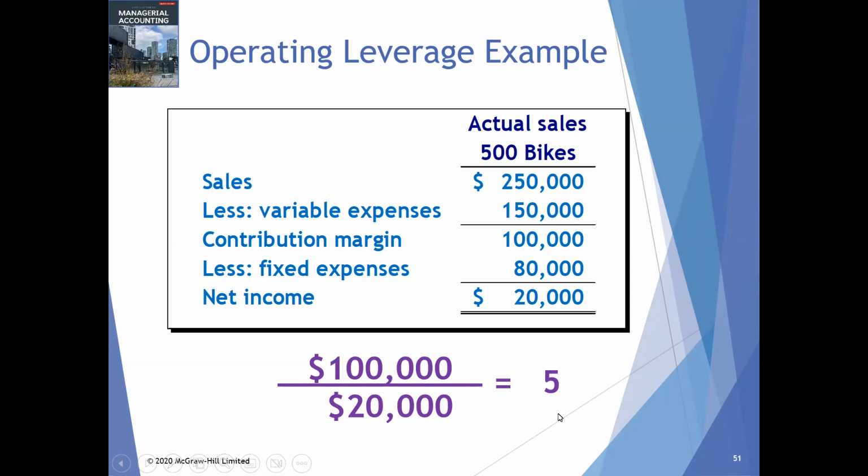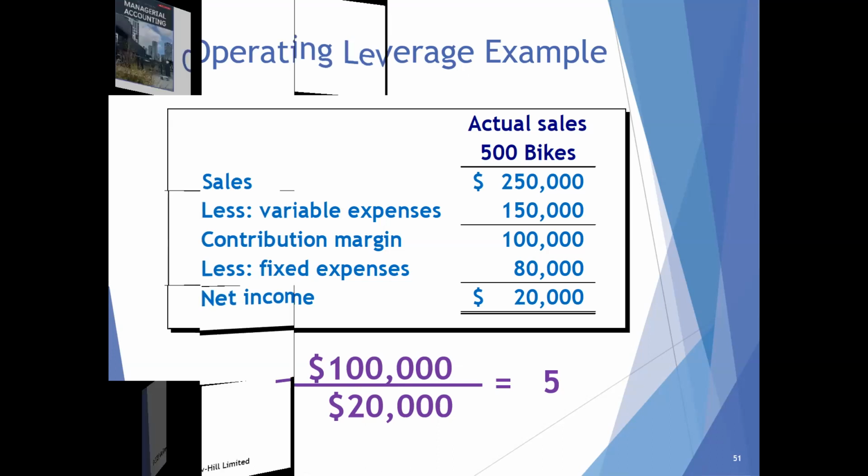So the contribution margin divided by net income. This is one of the formulas, CM divided by net income. So 5 is the operating leverage.